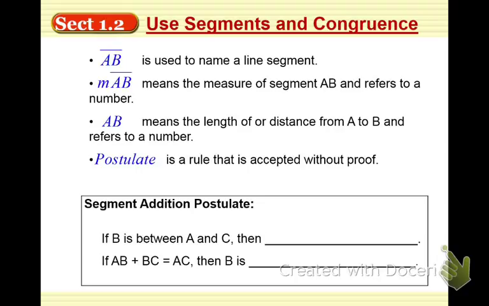And so what the segment addition postulate says is that if B is between A and C, just between. In geometry, in order to be between, you have to be collinear. Okay?